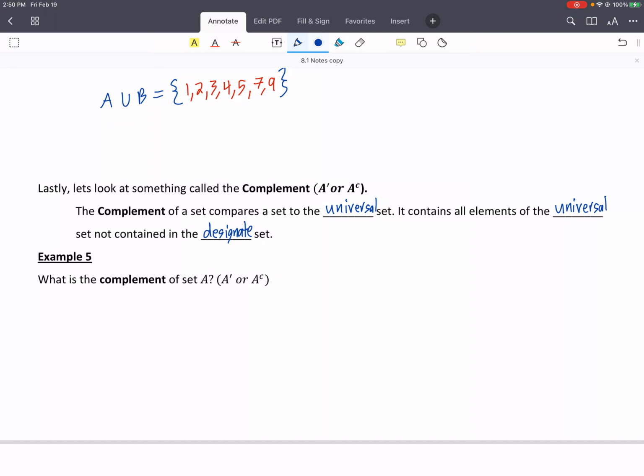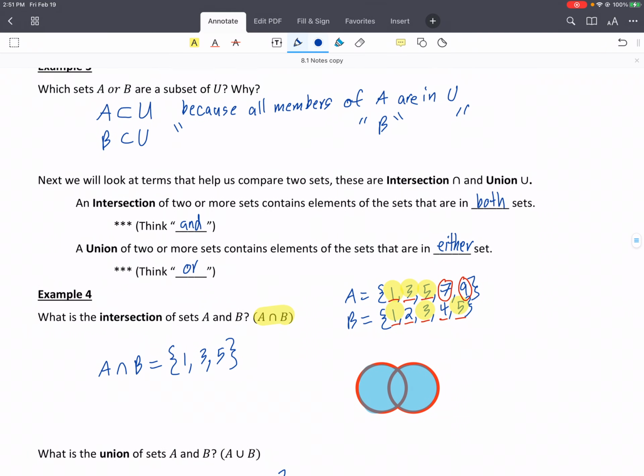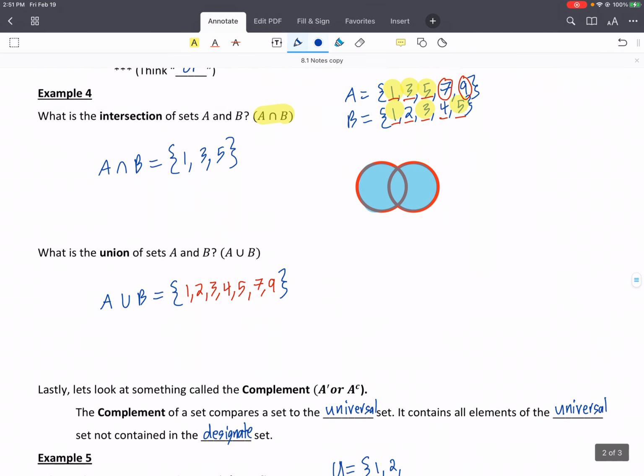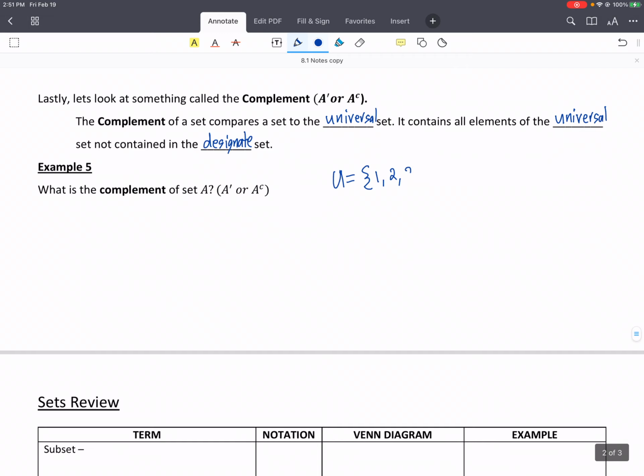So we're wanting to find everything in the universal set, which, a reminder, the universal set for this one was all the numbers through 10. Just to make sure. Yep, all the numbers through 10. That's a weird looking 3. Oh well.